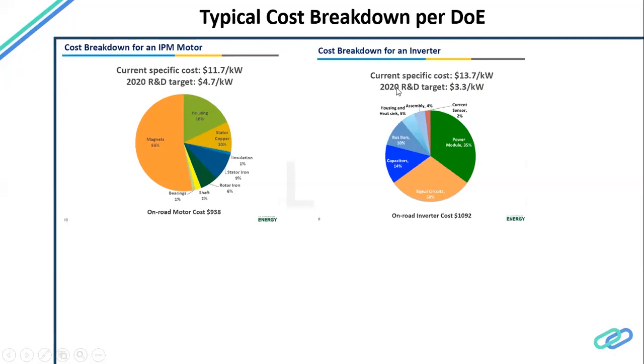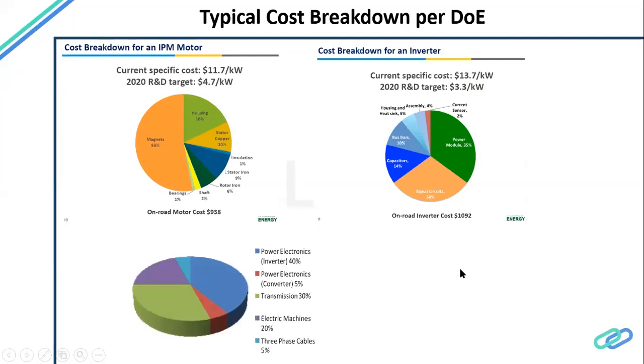This is for the inverter. Put together, the power electronics, inverter, converter and transmission, you can see we still have a lot of cost coming from the inverter side. The transmission is also playing a big role, whereas the machine is something close to 20%.